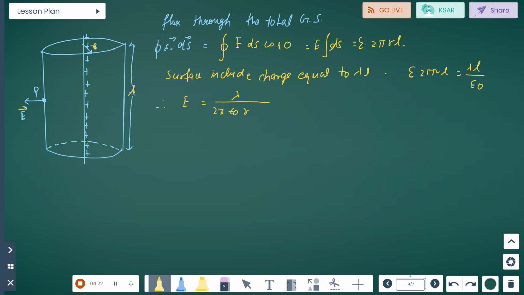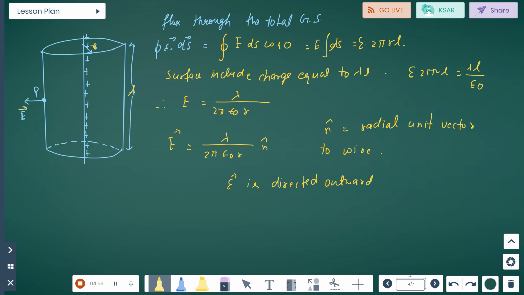Vectorially E at any point is given by E equals lambda by 2 pi epsilon naught r n vector, where n vector is the radial unit vector to the wire, and E is directed outward if lambda is positive and inward if lambda is negative.